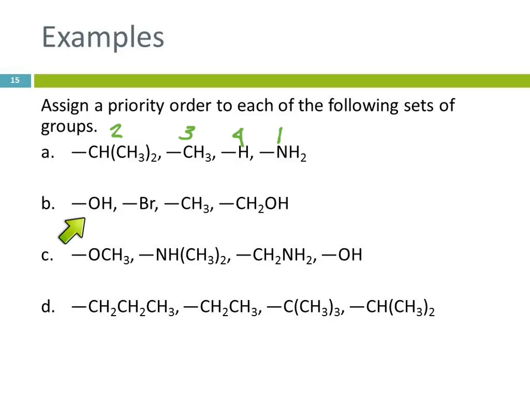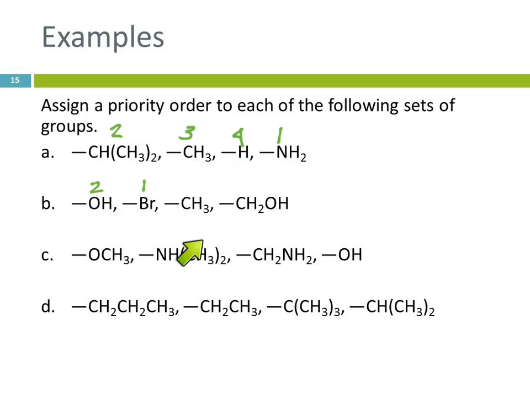So let's look at B. So we've got oxygen, bromine, carbon, and carbon. Which of these has the highest priority? The bromine, right? Because bromine's a large atom. And then what's the next smallest, oxygen or carbon? Oxygen. So oxygen's going to be number 2.